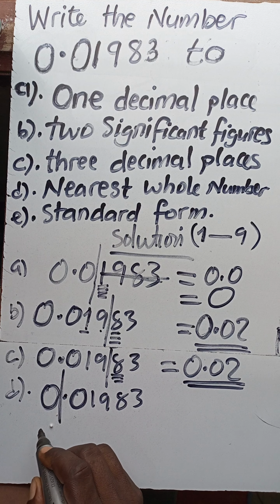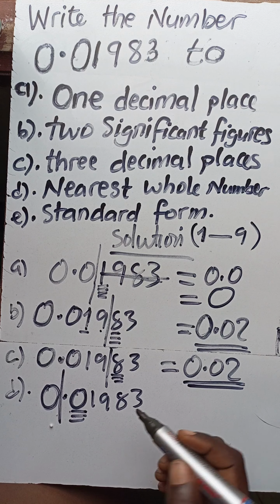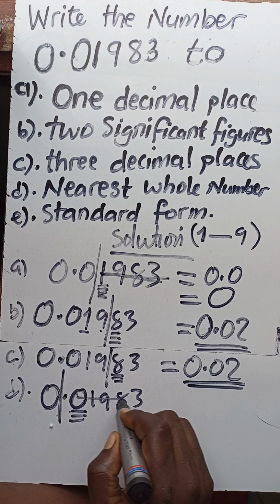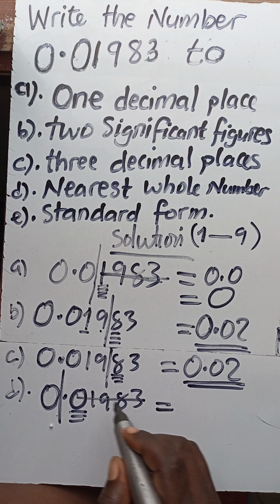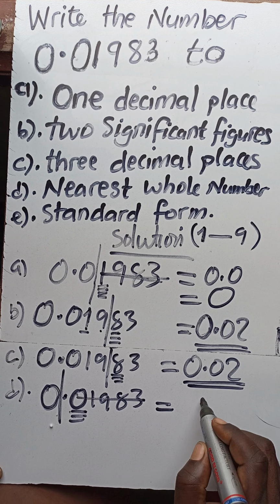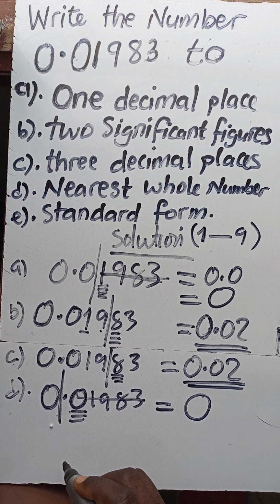This is where we have the whole number part. And so again, we'll look at the digit immediately after the vertical stroke. You see it is less than 5. And so it simply means that we throw away everything after the decimal point. And so that number to the nearest whole number will simply be 0.